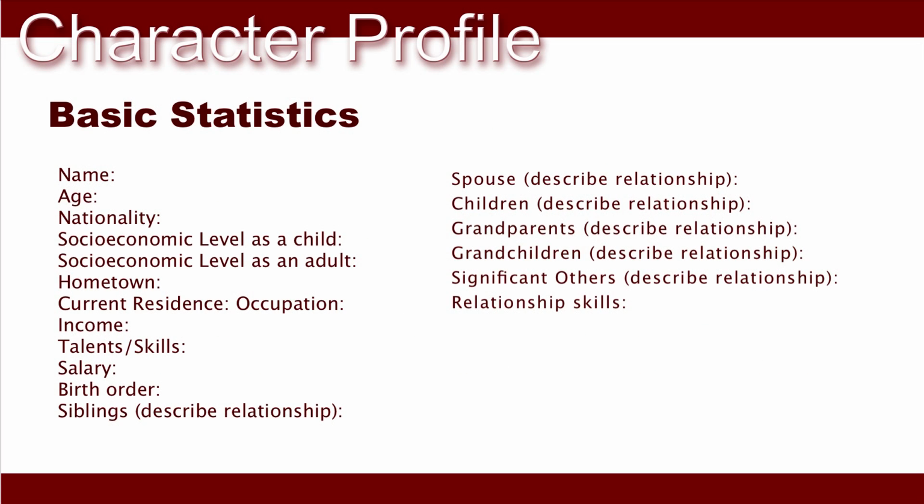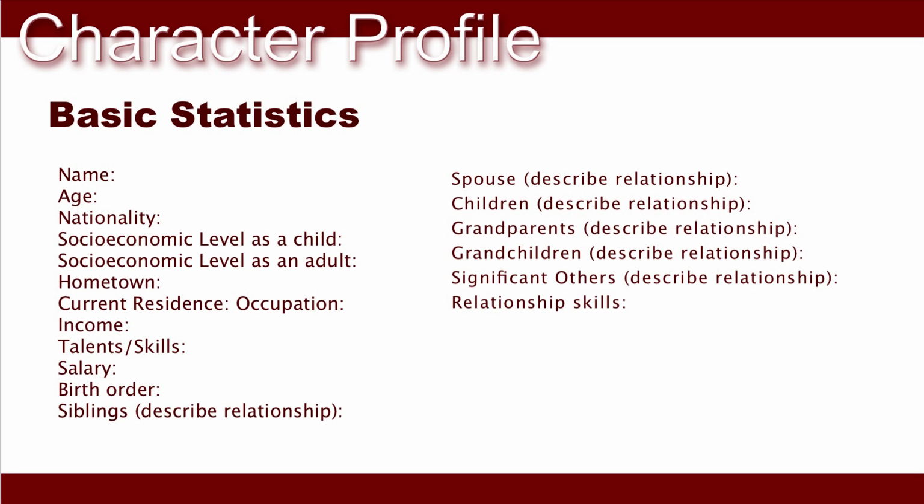Okay, this section is called basic statistics. This section is pretty much a short introduction to your character, as you will write your paragraph text. The elements are pretty generic. They can also show you what that introduction may be to your character, as far as giving the character an identity.